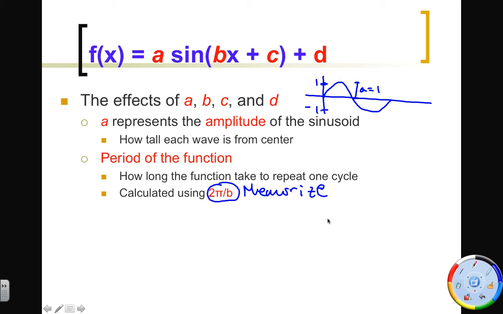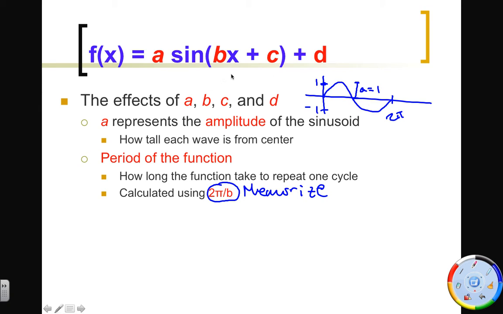Memorize that for sine, cosine. And by the way, it also works for cosecant, secant, right? So calculating the period is 2 pi over b. And it's just how long does it take for the function to repeat one cycle. So in my sine function, this was 2 pi because it took 2 pi to repeat one full cycle.